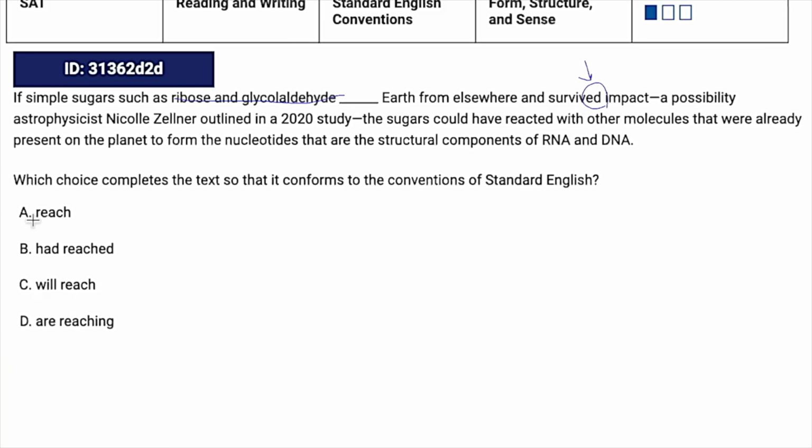Choice A is simple present tense. Choice B is past perfect tense. It is a form of past tense, so I'll keep that. Choice C is basically future tense, will, and choice D is present continuous tense. So our only past tense option, even though it's not the simple past tense, is choice B, which makes a pretty easy answer, choice B.